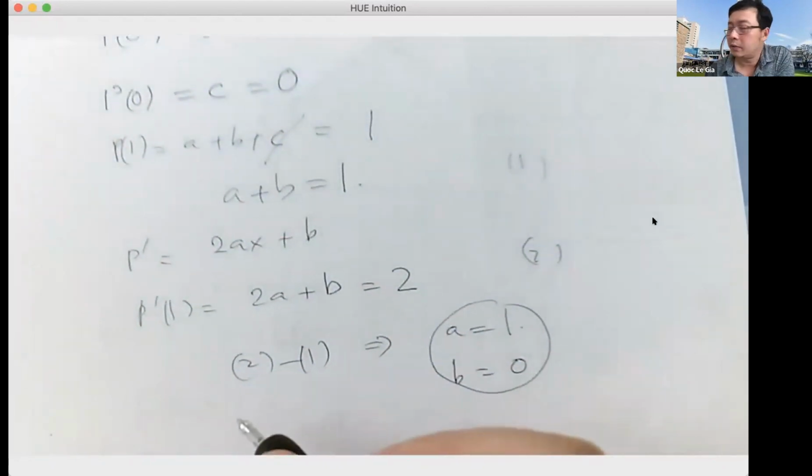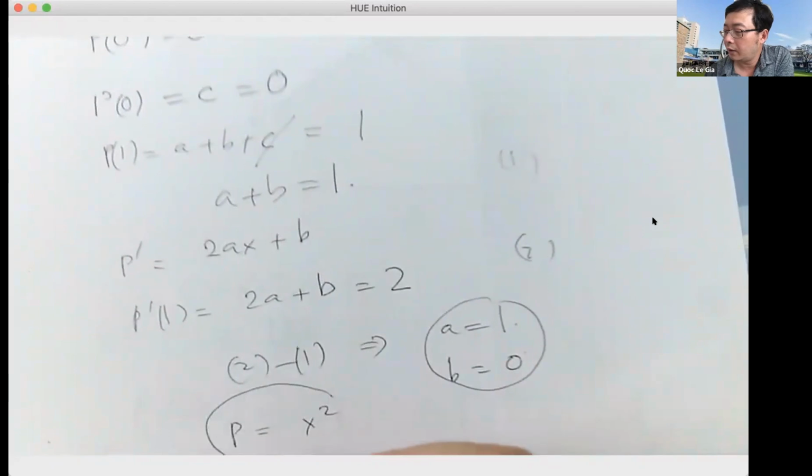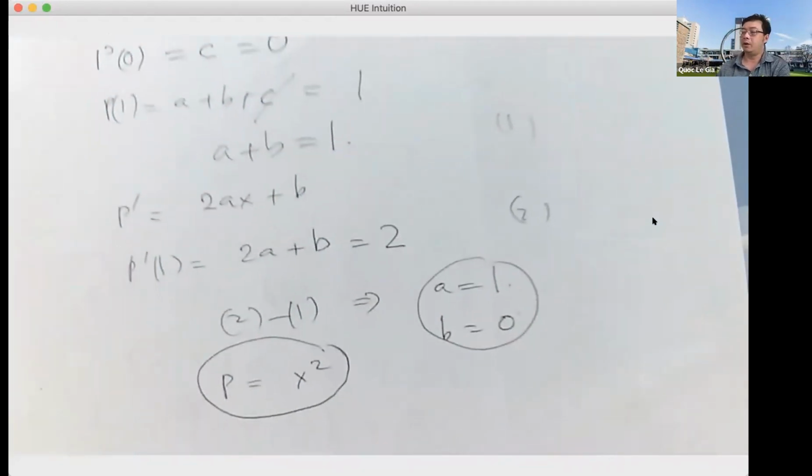So then p is just x squared. It's a bit boring, but this is what it is. In general this could be a bit complicated to solve, but at least for this case you can solve it by the direct method.